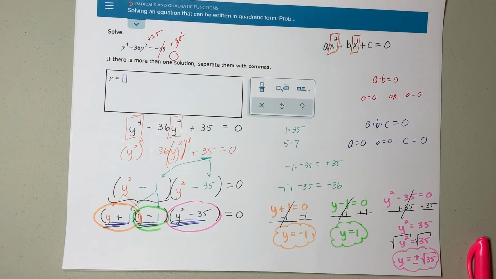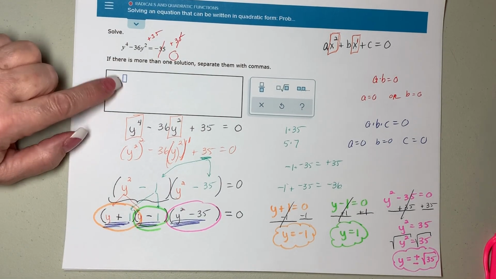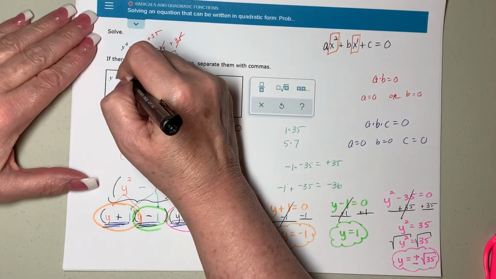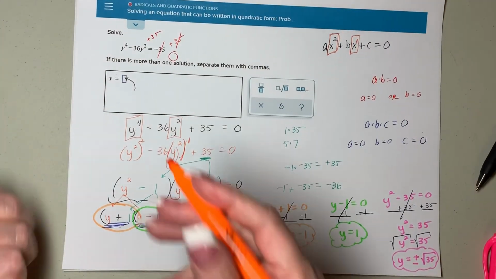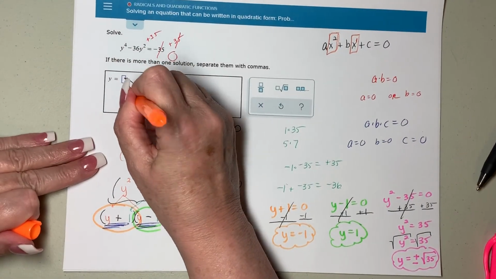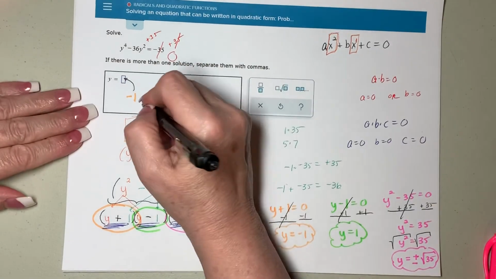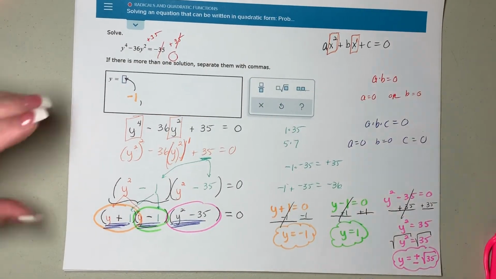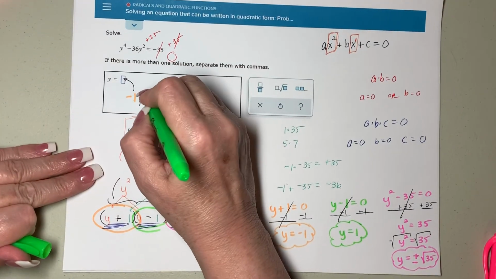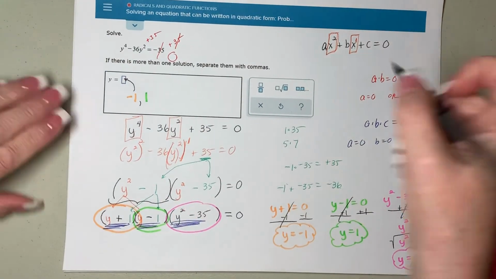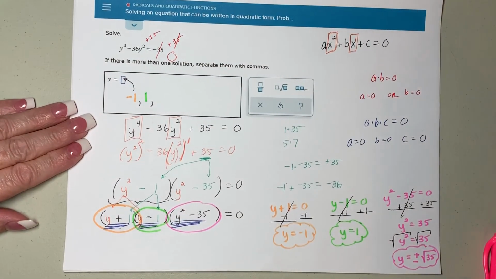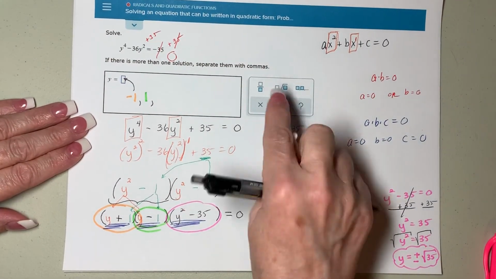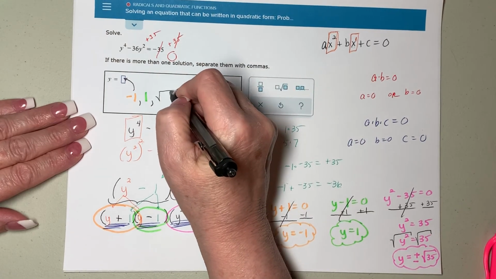So when I come up here to put in my answers in this box right here, it says to separate your answers by commas. I'm going to type in -1, comma, +1, comma. I'm going to have to hit this little symbol here so the square root sign pops in.